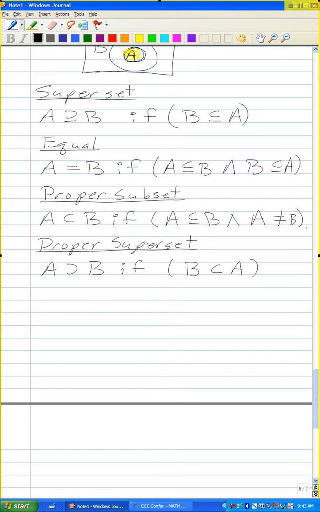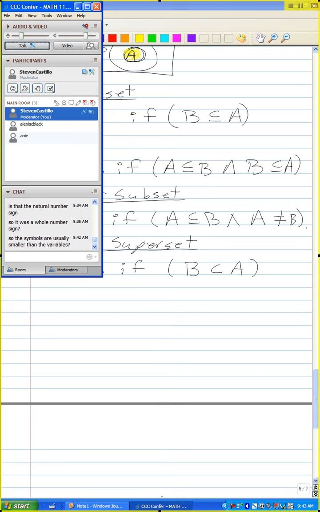Okay. So you can think of A being a subset of B as A has fewer members than B, so it's sort of small.